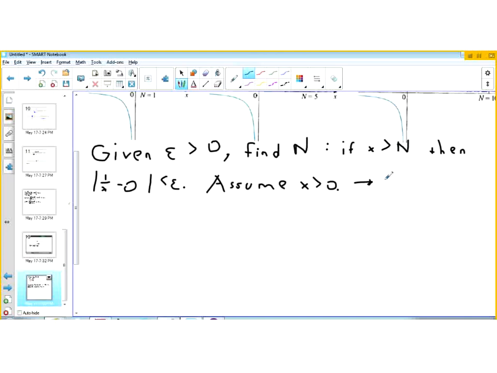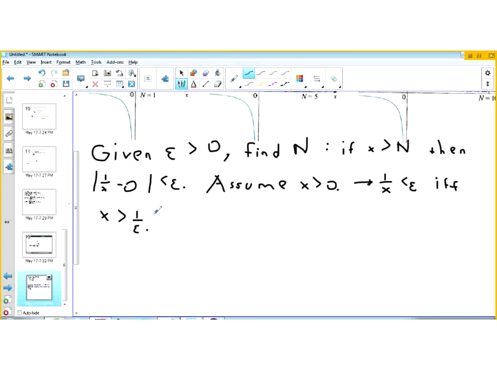this implies that 1 over x will be less than epsilon if and only if x is greater than 1 over epsilon.